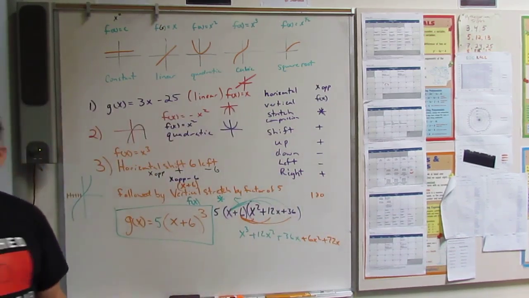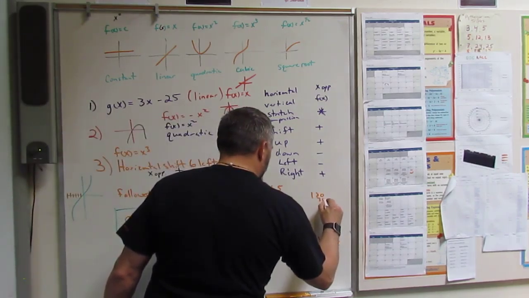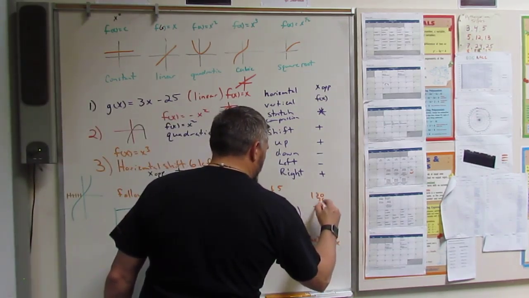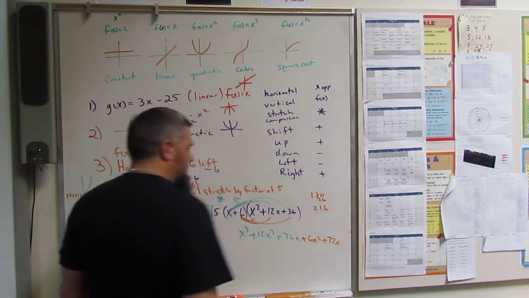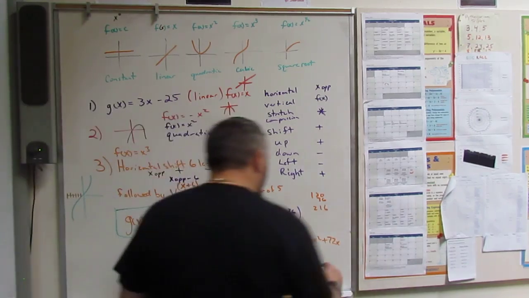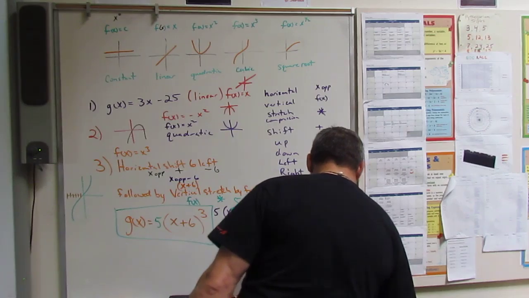And 6 times 6 is 36, so that would be 216. Everybody get there with me? So plus 216.